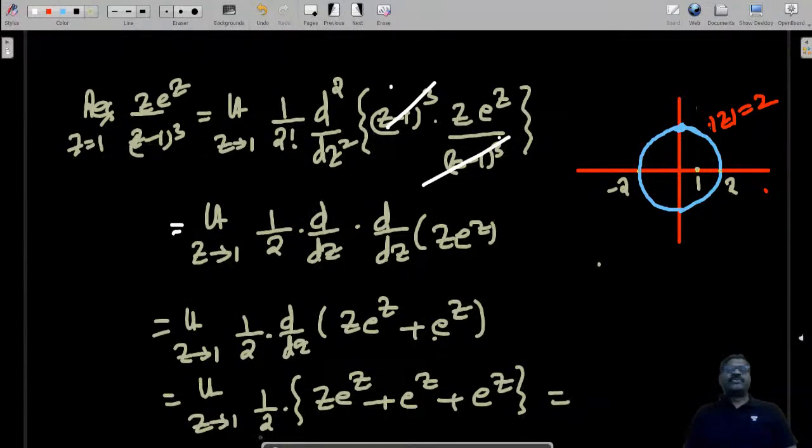When z is tending to 1, we get e plus e plus e, that is 3e by 2. So finally the residue is 3e by 2.